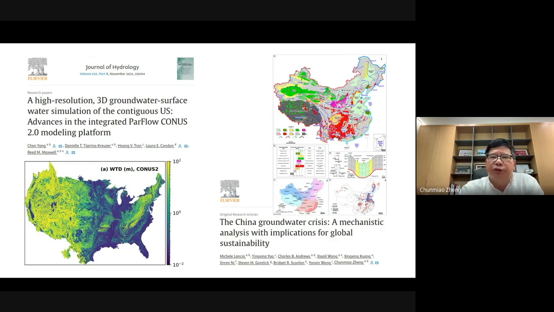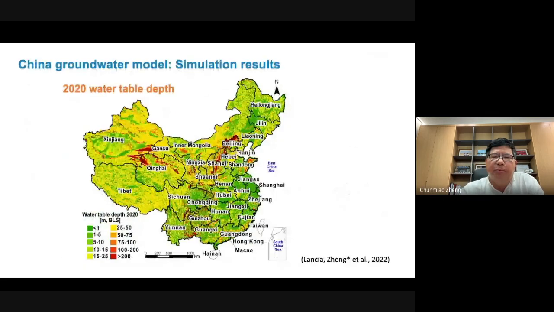So I'll just show you this example, with a couple of thoughts on this model. What can we do with this model? It simulates the water table depth, its dynamic depth, all the way from 1945 to now. And then incorporating future climate scenarios, we can project into the future. So that's quite useful for long-term water management planning.